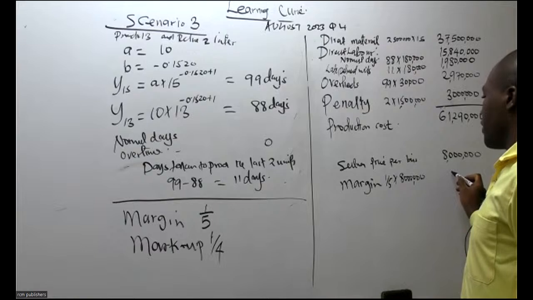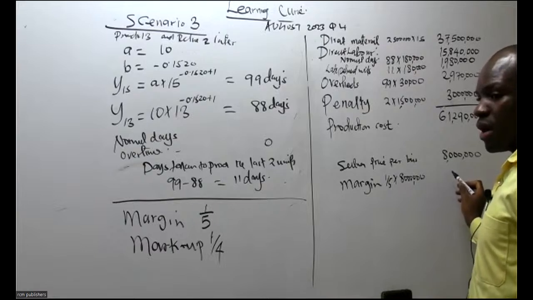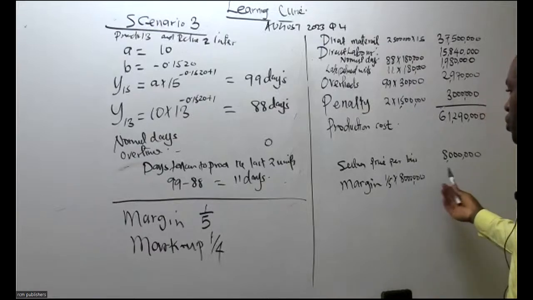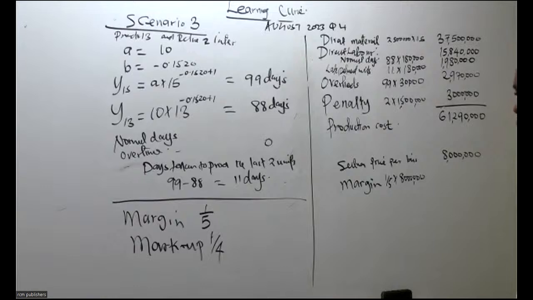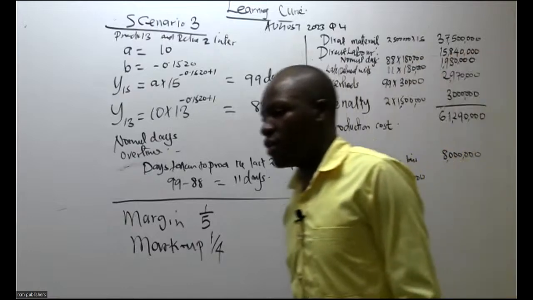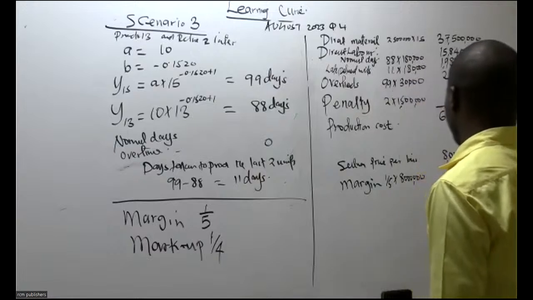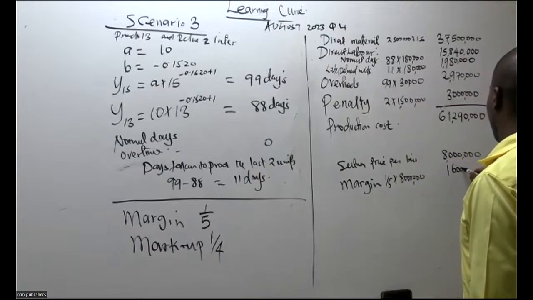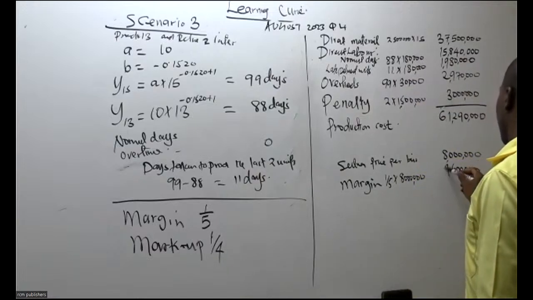How much will we have here? 20% of 8 million ni ngapi? 1,600,000.